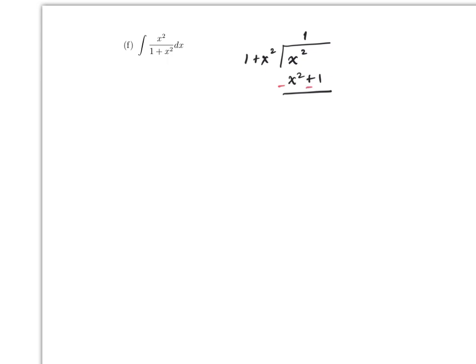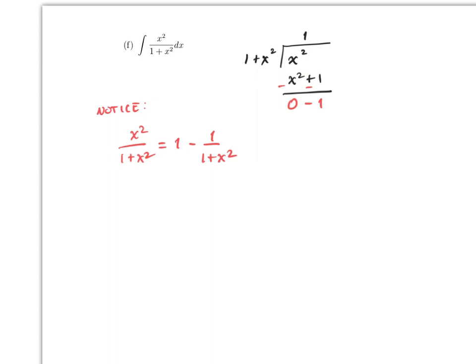You change the sign, so this will give you minus 1. So essentially, notice the x squared over 1 plus x squared is exactly the same thing as 1 minus 1 over 1 plus x squared. So that's what this means.